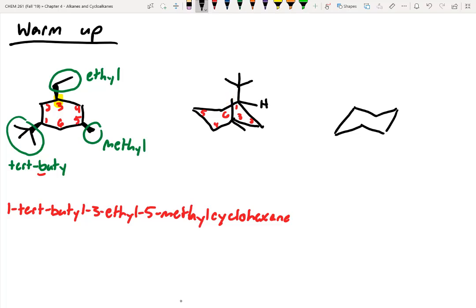What's going to be sticking off right here in the equatorial position? Hydrogen. All right, so I'll go ahead and plug that in. Then we go all the way over to carbon 5, puckered up. So we'll have an axial pointed up, and then equatorial. What's going to be axial? The methyl group. That means we would have a hydrogen right here.